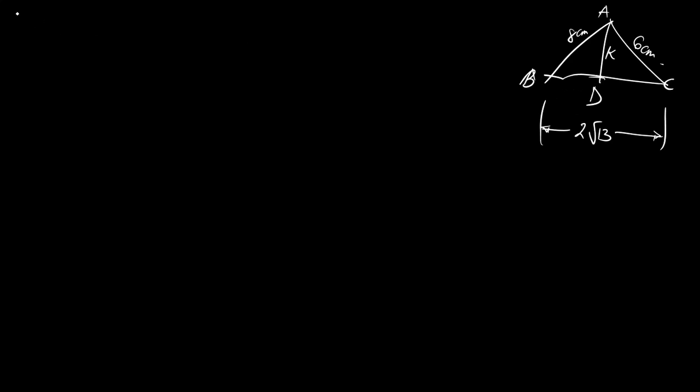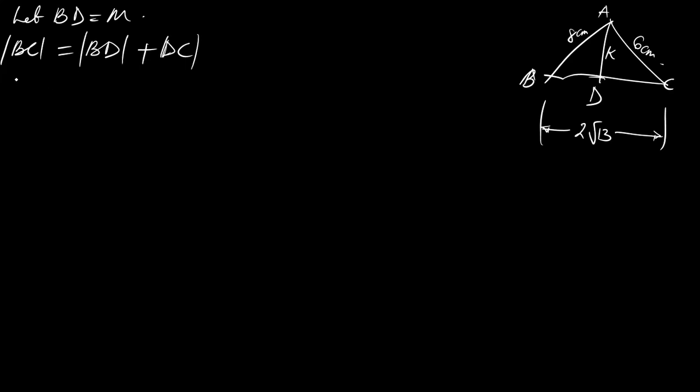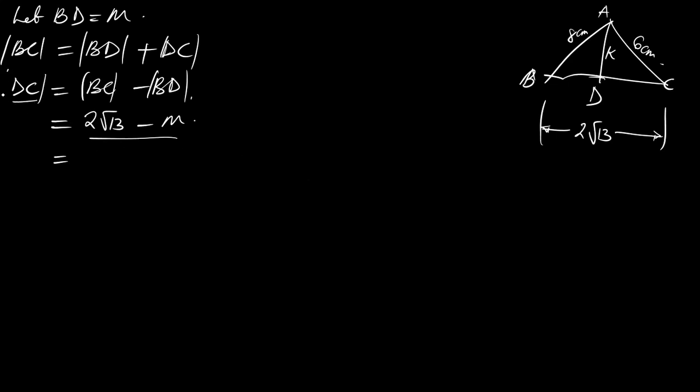Now let's assume, let BD be equal to M. So if BD is equal to M, and BC is equal to BD plus DC, then DC will be equal to BC minus BD, which is 2 root 13 minus M. So we have DC to be 2 root 13 minus M, while this is M.